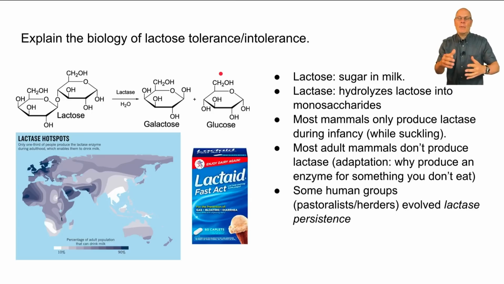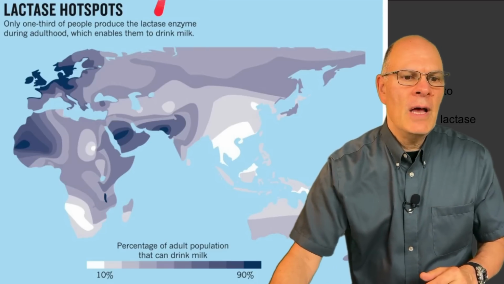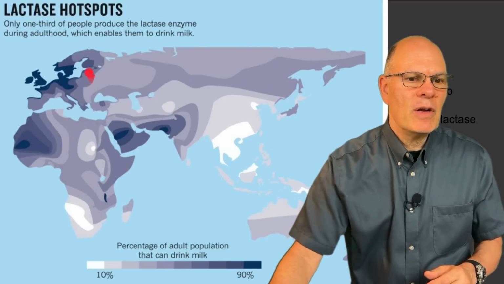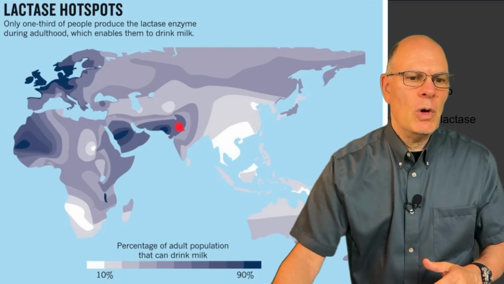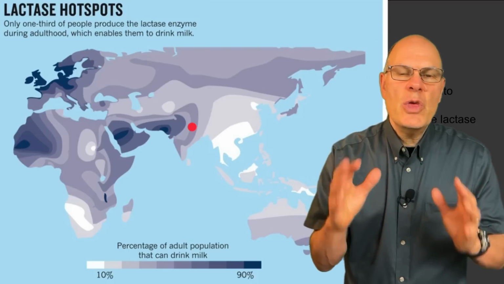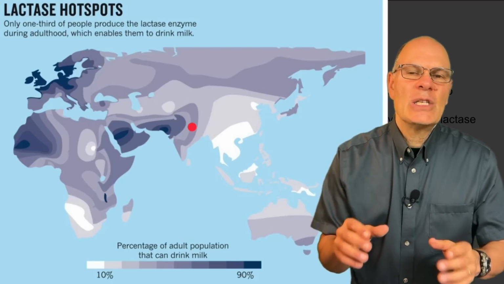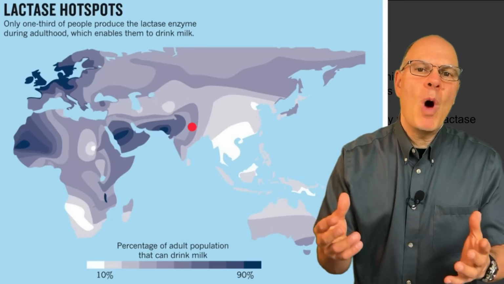And that opened up a whole niche of food exploitation that wasn't otherwise available. Now, this didn't happen all over the world. This happened in a couple of hotspots. Here's one in Africa, here's one in Europe, and here's one in Saudi Arabia, current Saudi Arabia, and here's one that is in the Indian subcontinent. And in those areas, lactase persistence, production of lactase into adulthood, became widespread.